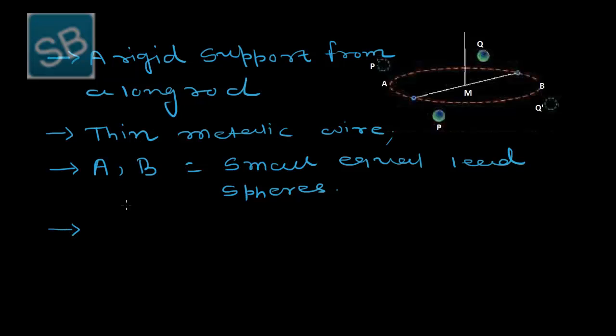But before that, the force on the small spheres due to the large spheres, you can see the positions P dash, Q dash of the large spheres. They are equal and in opposite direction. So the force on the small sphere by the large, and the force on the large sphere by the small. So this is my result number 1.